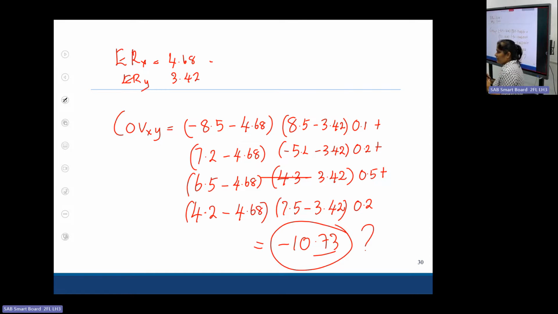You can identify only the direction of the movement, but the size of the movement you cannot interpret. For that, in future, we are calculating the correlation coefficient. Then you can say when X is increasing by 1%, Y is increasing by how much.